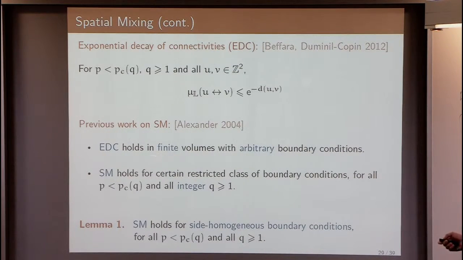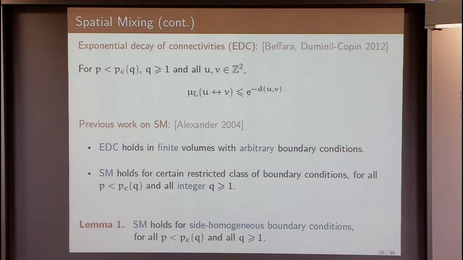In previous work, Alexander had shown that if exponential decay of connectivity ever holds in the infinite lattice, then it would also hold in the finite volume for arbitrary boundary conditions. And then he uses this exponential decay of connectivity to show that spatial mixing holds for a restricted class of boundary conditions and for integer q.